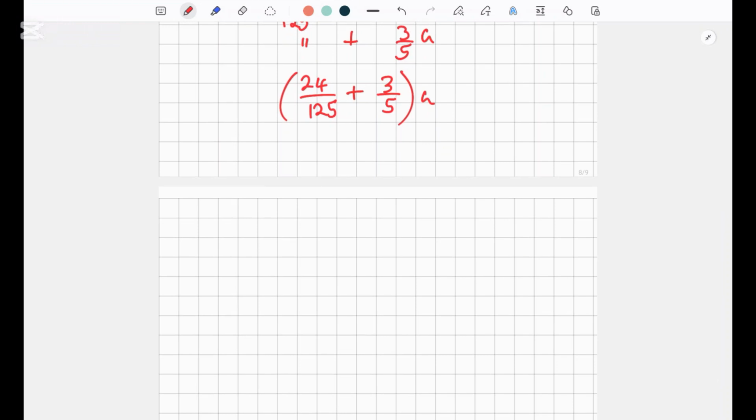I get 99 over 125 a, which equals 0.879a. This is your maximum height.